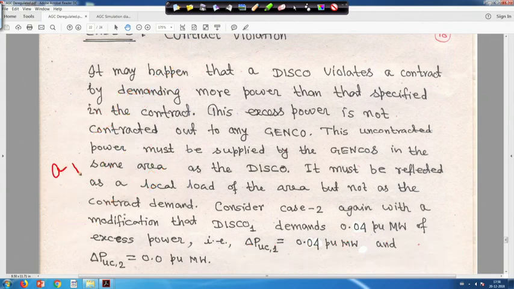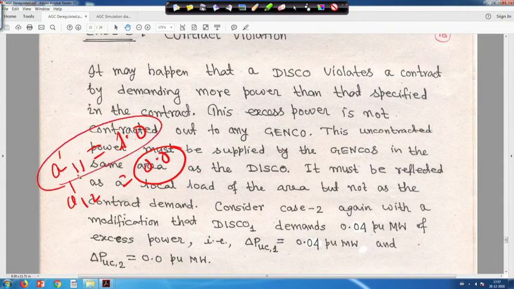Now, suppose I take A dash 11 equal to 1.0 and A dash 12 equal to 0.0. In that case GENCO 2 will not share any uncontracted power demand, but GENCO 1, as it is 1, will be 1 into 0.04. So, GENCO 1 will generate that 0.04 per unit megawatt power.